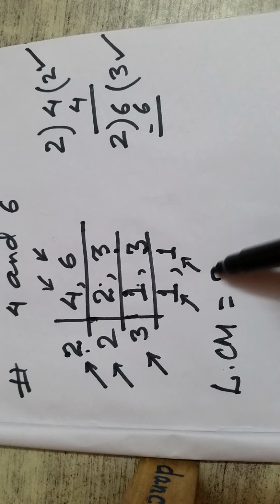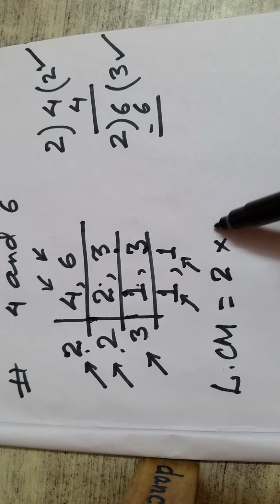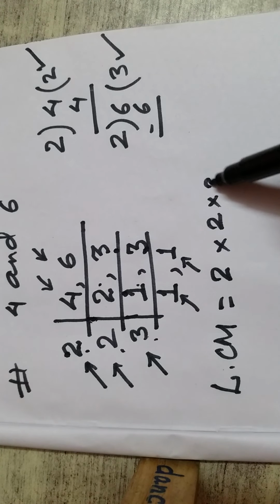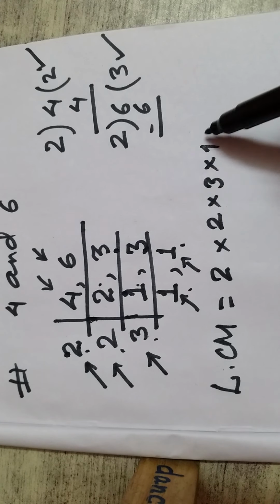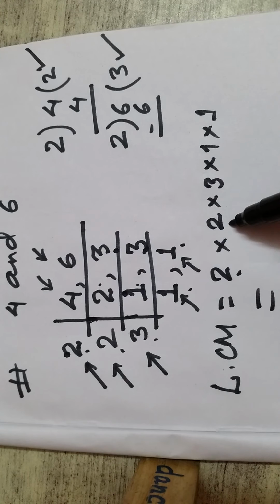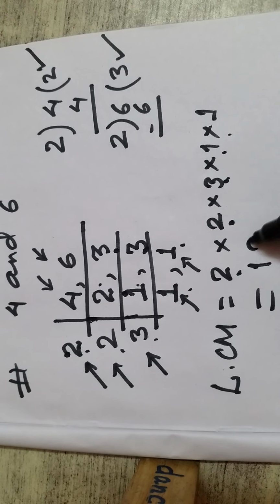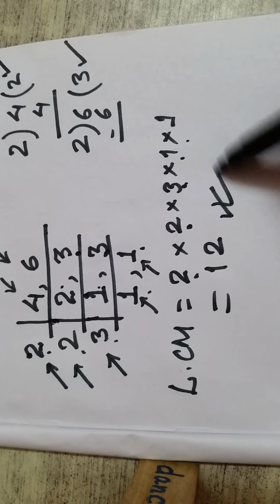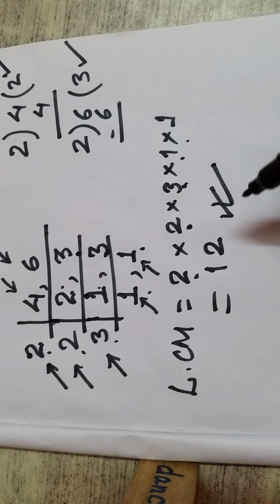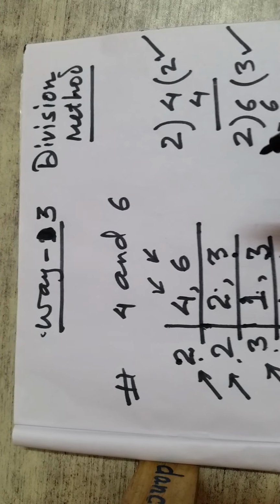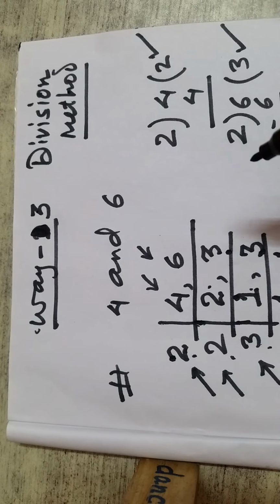Now we are going to multiply this 2 and this 2 and this 3 and this 1 and 1 again. So 2 2s are 4, 4 3s are 12, 1 is 12, again 1 is 12. That is the LCM of the given numbers. Okay, so this is the third way, that is called the division method.